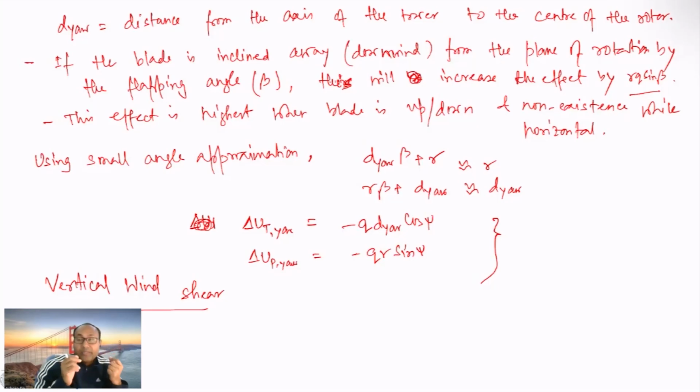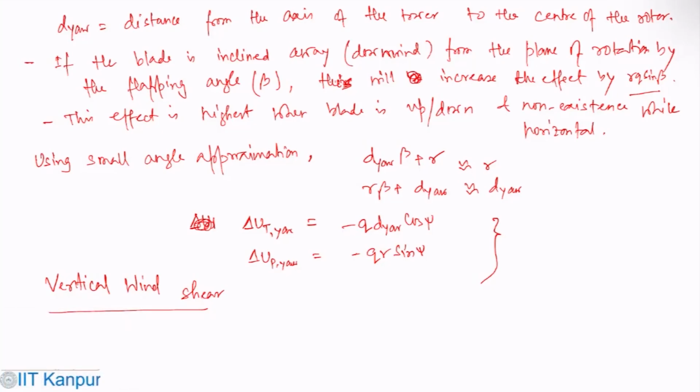In a nutshell, this talks about the wind velocity variation in the perpendicular direction and the shear stress due to those velocity gradients. So we can model that.